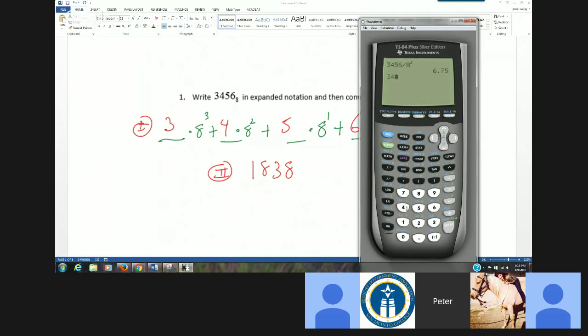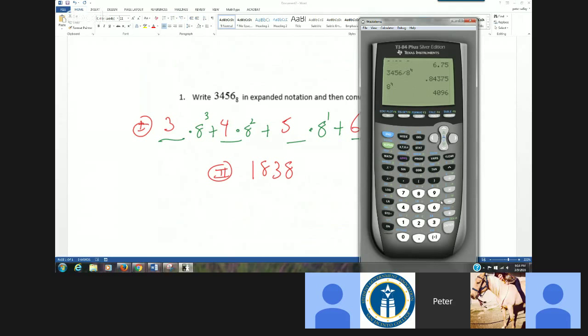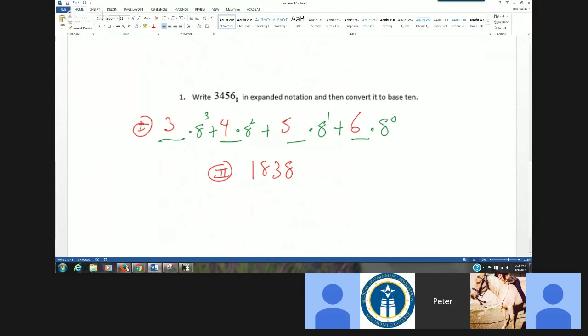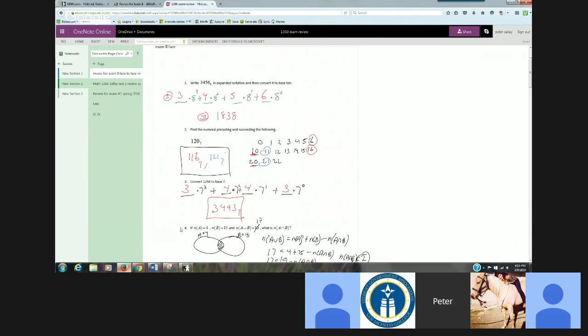So 3,456 divided by 8 to the 4th, and you can see that 8 to the 4th is already bigger than that. So you know you don't have to expand it out all the way to the 4th power. You can stick with the 3rd power one. Okay, so let me jump down to number 3 then, which is what you really asked me about.